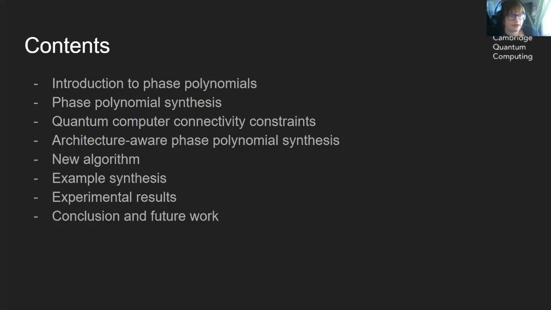In particular, we describe the methods currently used in the two compilers, Tket and Stack. Then we explain and describe our newly proposed algorithm with a small example and experimental results against those compilers on current hardware. And lastly, we summarize and evaluate our results.